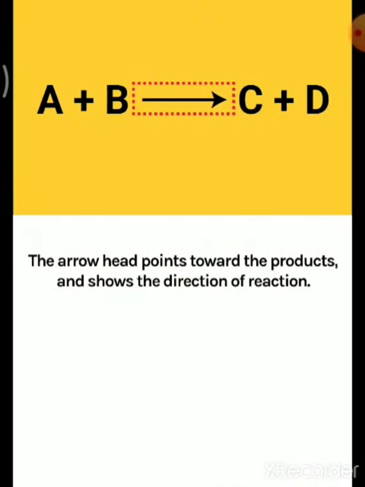This arrow is read as "gives rise to." The arrow head points towards the products and shows the direction of the reaction. By seeing this arrow mark, we can say that from these reactants these products are formed.